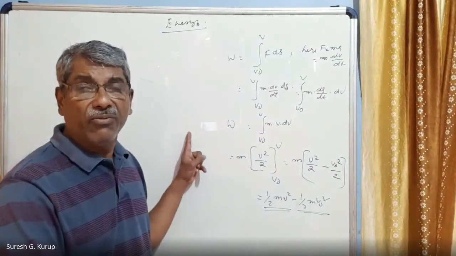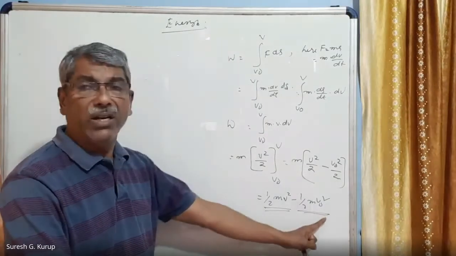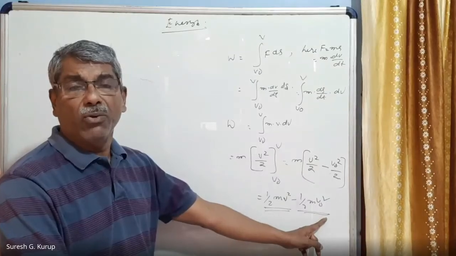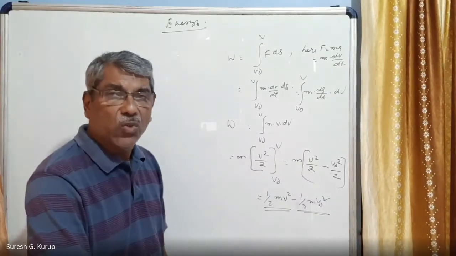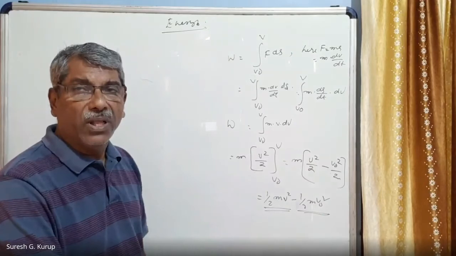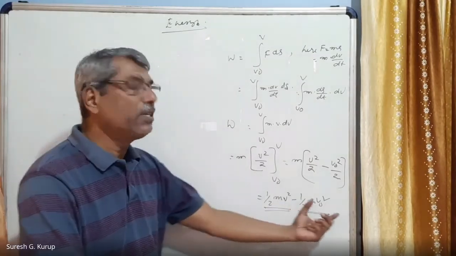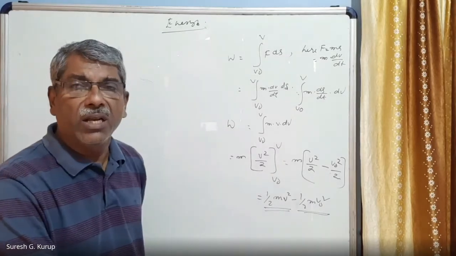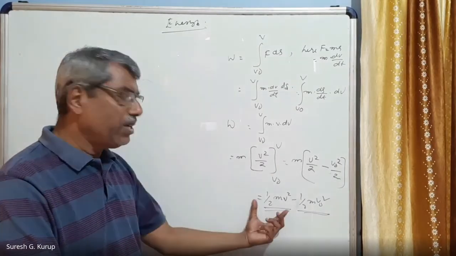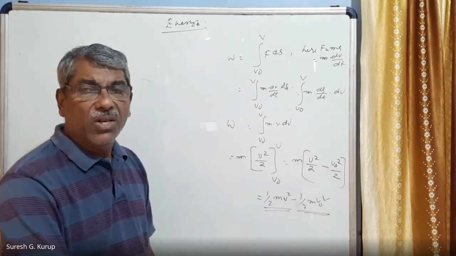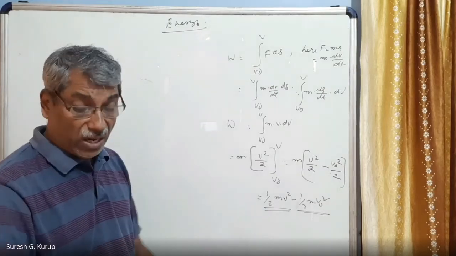Therefore, work done by a force is equal to change in kinetic energy. If a body is acted by a force and changes its velocity from v0 to v, then work done by the force is equal to change in kinetic energy of the body. So this is what is called work energy theorem.